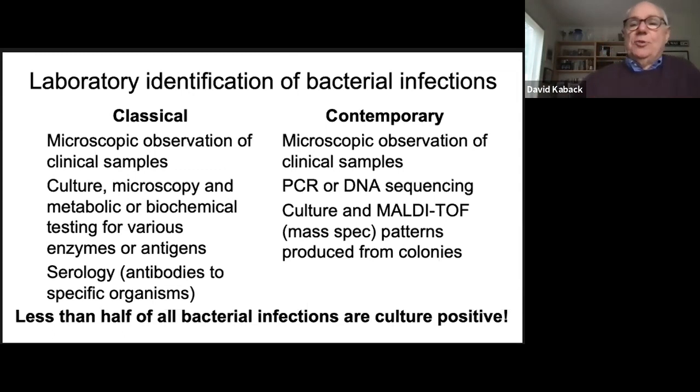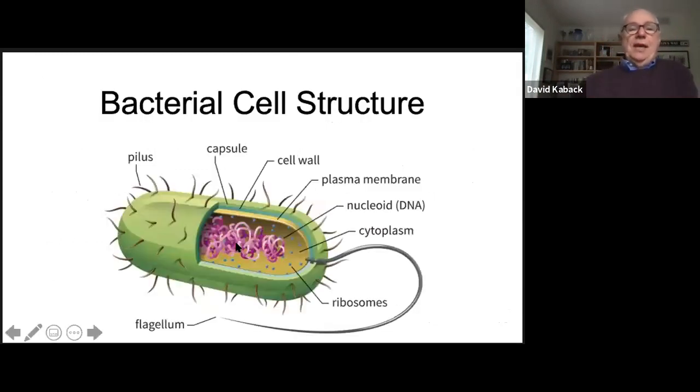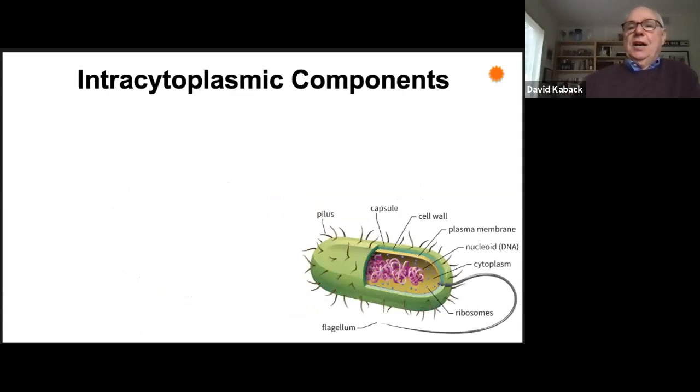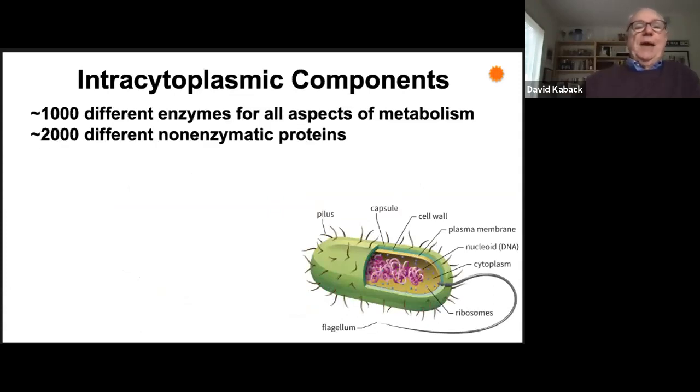All right, let's start with talking about bacterial structure. Here's our favorite generic bacteria, showing all the different possible parts of a bacteria. Let's start by talking about the intracytoplasmic components. A bacteria has in its cytoplasm about 1,000 different enzymes.